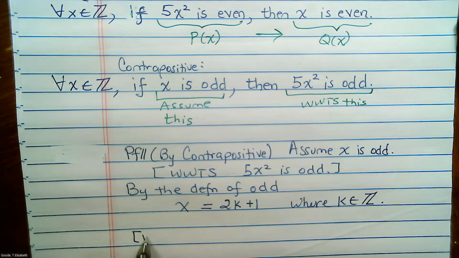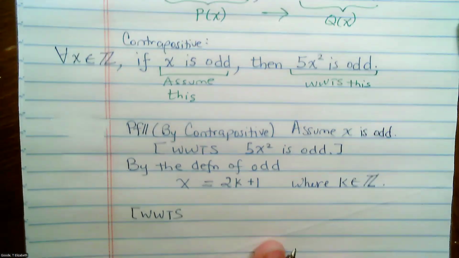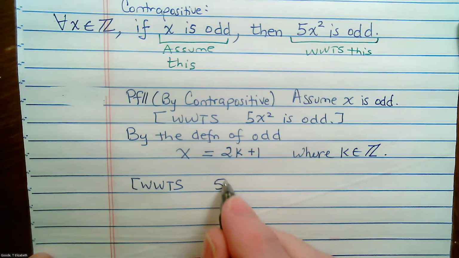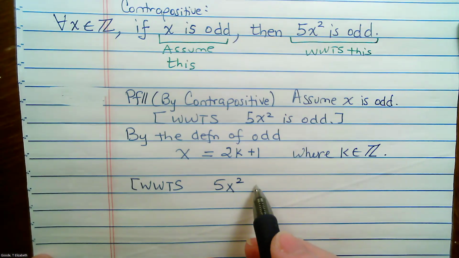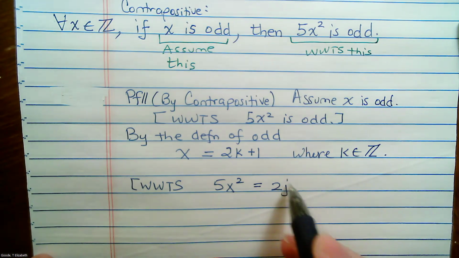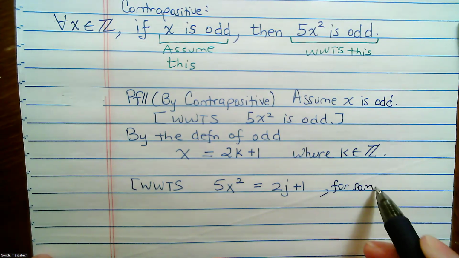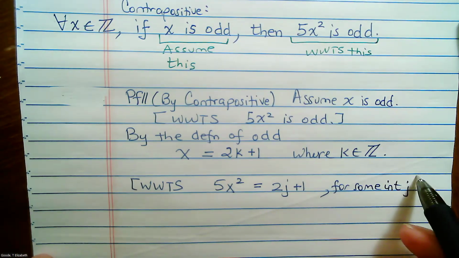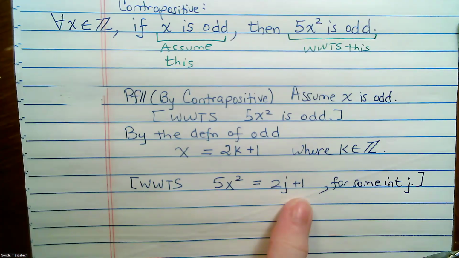And so what do we wish to show? Let's dig into our wish. We wish to show that 5x squared is odd. What would make it look odd? That's going to be 2j plus 1 for some integer j, for some j in Z. Great.